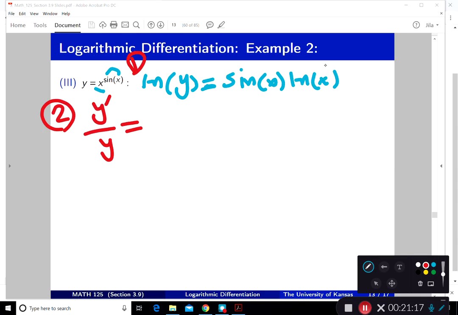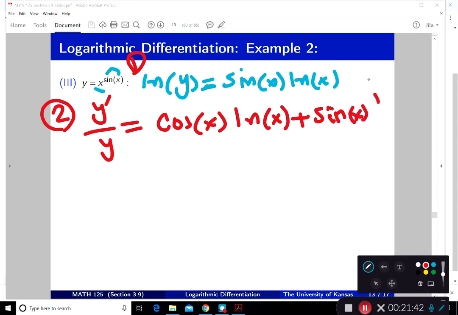Again, in this type of logarithmic differentiation, that's a recurring theme. And so in here, the derivative of sine is cosine of x times natural log of x. Then you have sine of x times 1 over x. Now the last part is to solve for y prime.